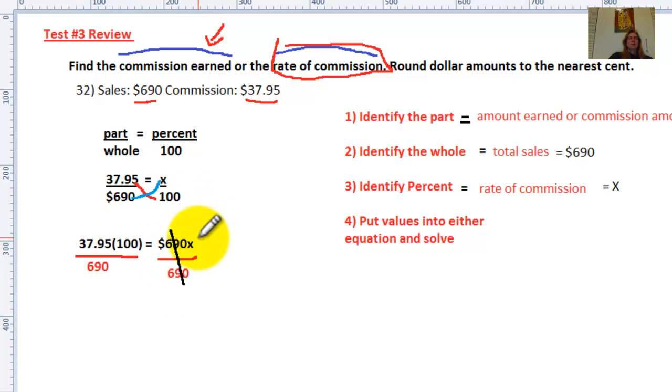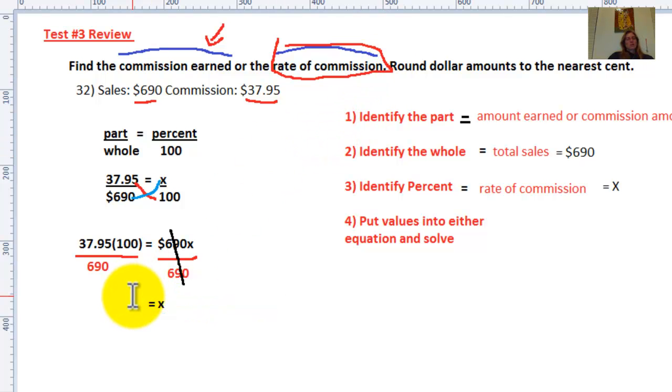So 1 times X is just X. So then the whole problem is set equal to X. All this math here now equals X. So when we solve for this math, we will be solving for X.